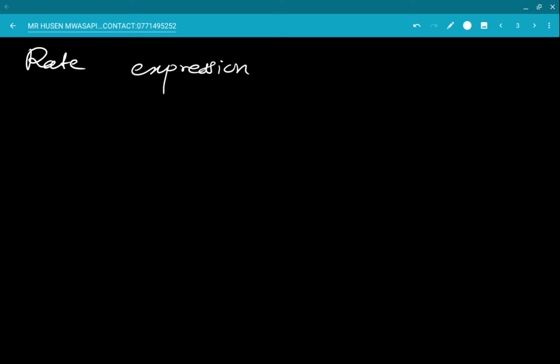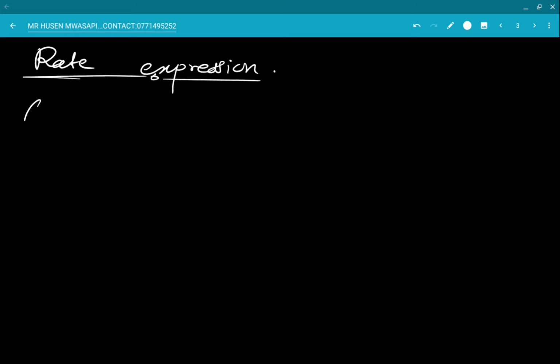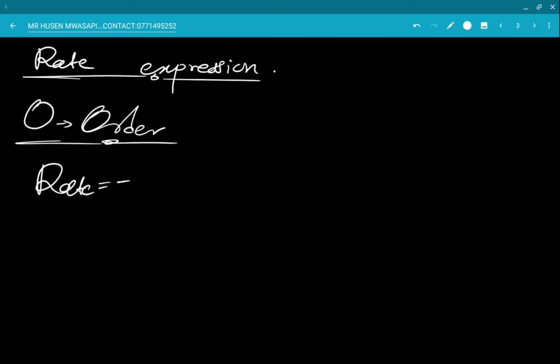Since we're looking at integrated rate laws, I'll give you three rate expressions with respect to their orders. For a zero order reaction, the rate expression is simply rate equal to negative change in concentration of reactant over change in what?